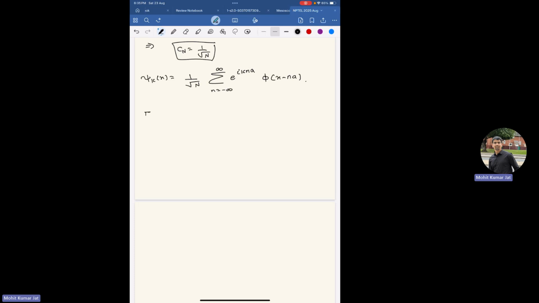What is the expectation value? The expectation value will be E_k, psi k of x, the Hamiltonian, and then psi k of x. The first is the bra, the second is the ket.